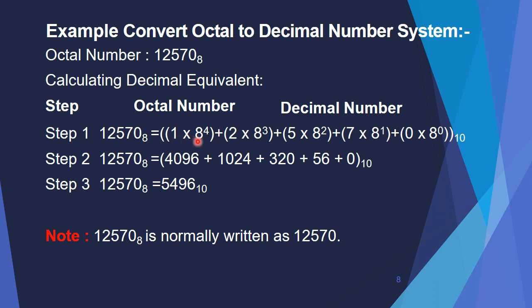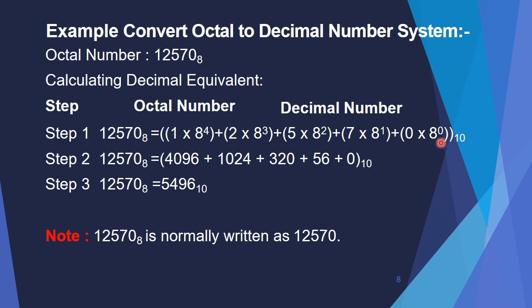First we multiply each and every digit by 8, and in between we will put a plus sign. For example, this 1 we multiply by 8, and 2 also by 8, and in between we keep plus, and then 5 multiplied by 8, and 7 also multiplied by 8, and the last one, this 0, also multiplied by 8.